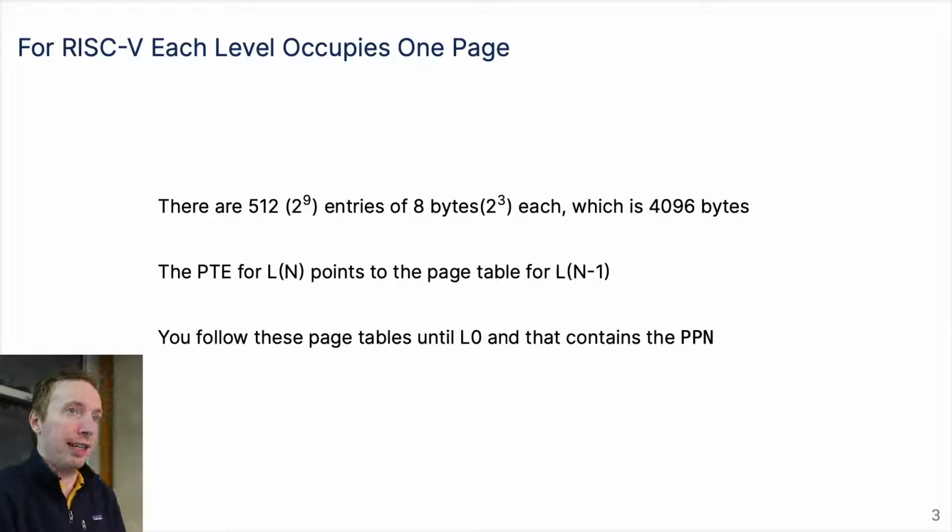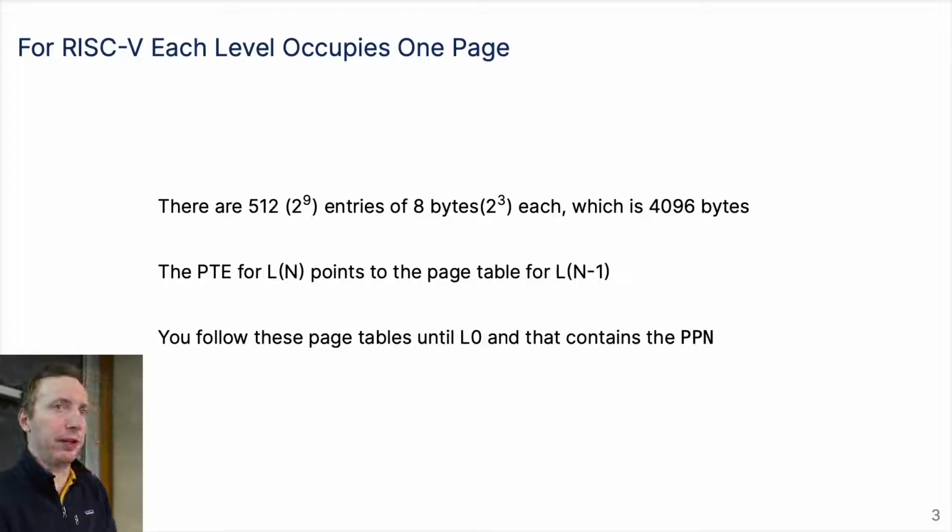So the idea here is that our page table entry for a higher level, like L1, points to a page table for the next one below it. You can use the physical page number because everything's aligned to a page, since each smaller page table exactly fits on a page, so you don't have to worry about computing bytes or anything like that.